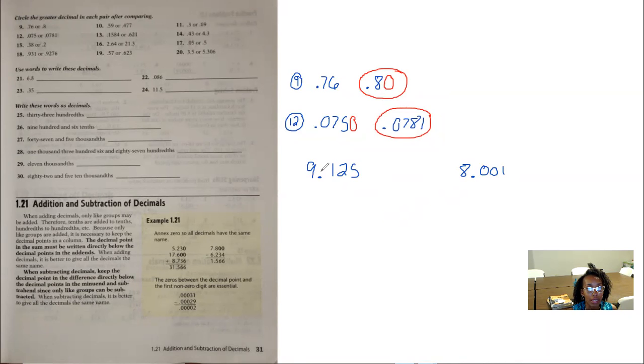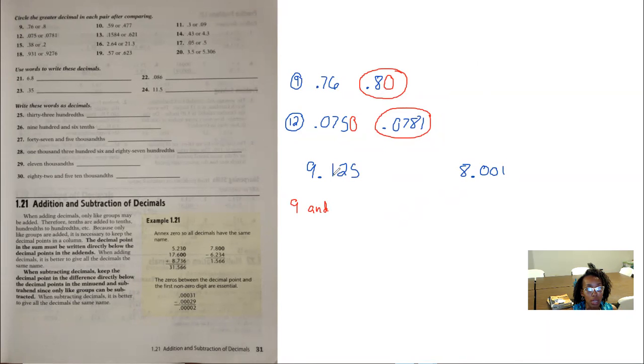Okay, and then the decimal point would be "and." Now I'm not going to write all the words out. Technically, they want you to write 9 as N-I-N-E, but just for simplicity's sake, I'll just do a 9 today. 9 and, okay.